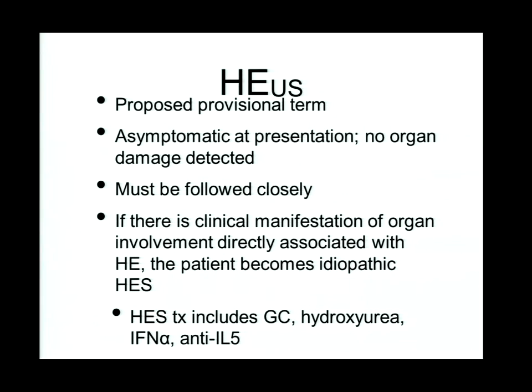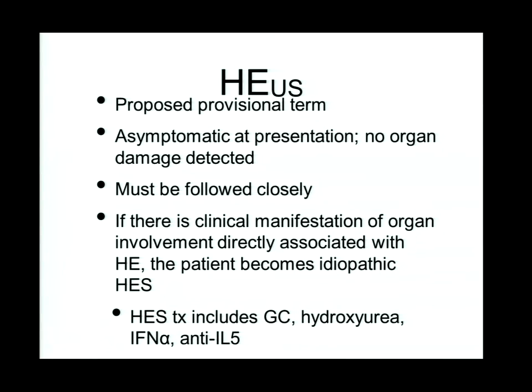And so what brings you to this conclusion: once you rule out all the reactive hypereosinophilia, and once you take away all the known classified clonal myeloproliferative diseases associated with eosinophilia, then you have eosinophilia otherwise unspecified.